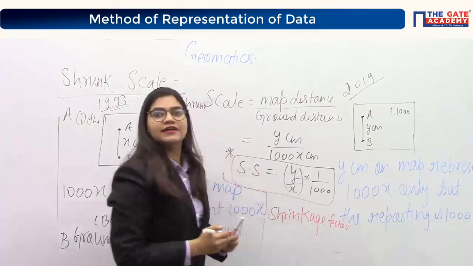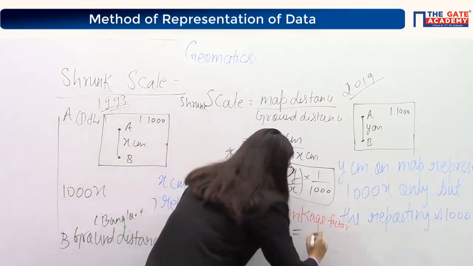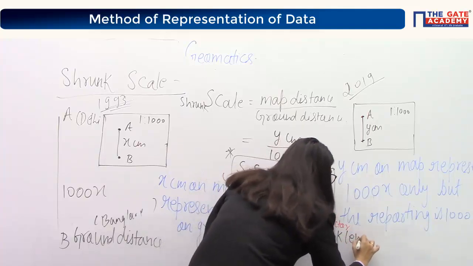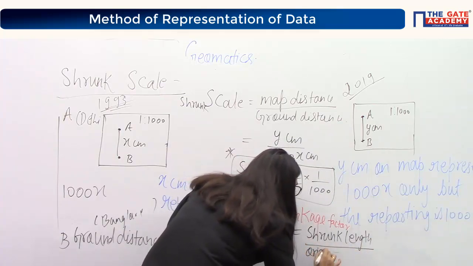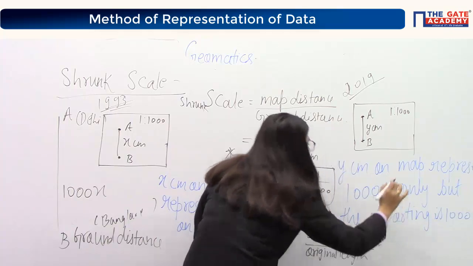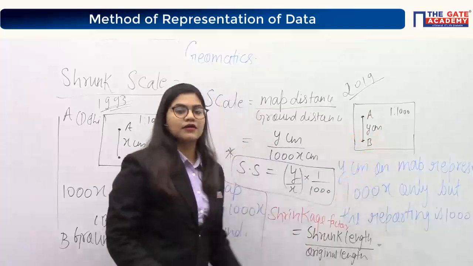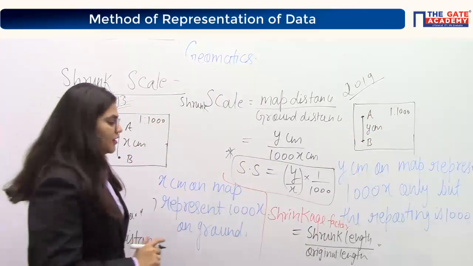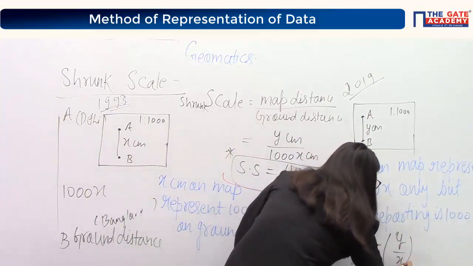Your shrinkage factor is nothing but your shrunk length divided by your original length. So can you tell me what is your shrunk length? Shrunk length is y centimeter. And your original length is x centimeter. So your shrinkage factor is nothing but y by x only.